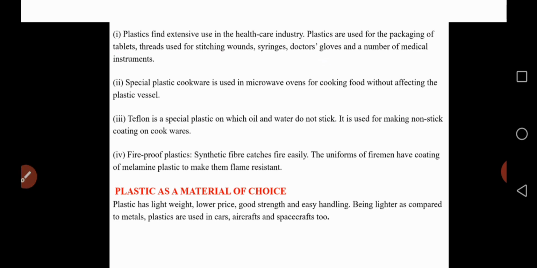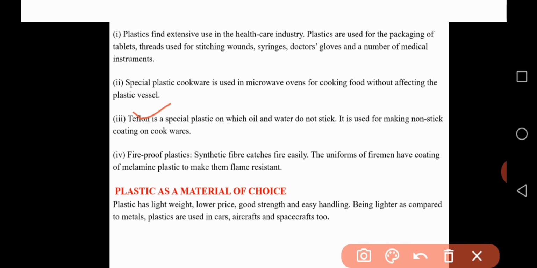Similarly, another very important use is that special plastic cookware is used in microwave ovens for cooking food without affecting the plastic vessels. Similarly, a very important type of plastic is Teflon.